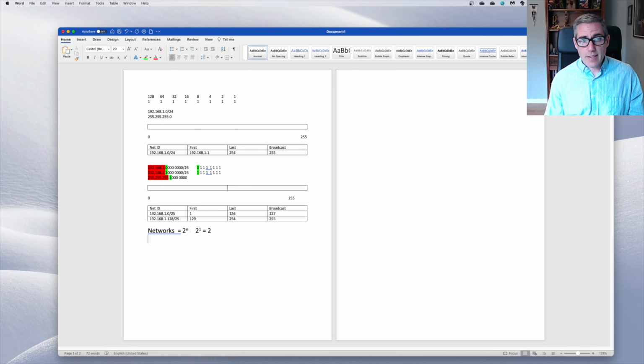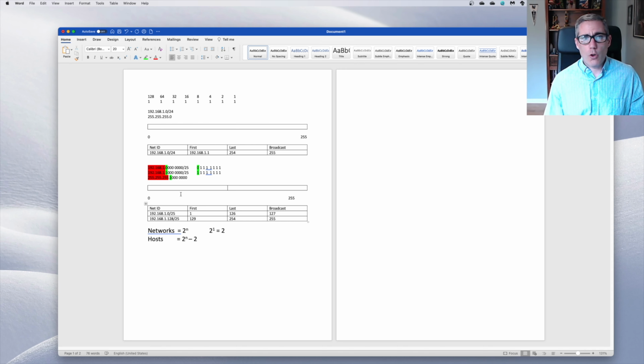Now, the next step is hosts. And the math on it is similar, to the n power minus 2. Now, in this case, n is not the number of network bits, it's the number of host bits.